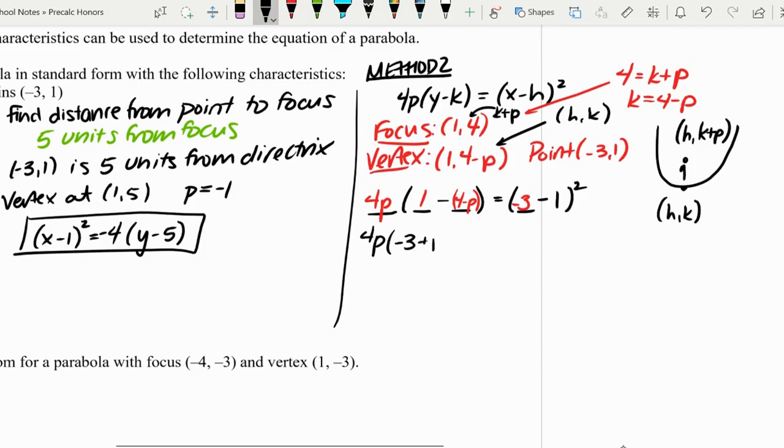And then this will be a positive p once we distribute that negative. Over here we get -3 minus 1 squared, so that's 16. And then I'm actually going to divide the 4. And, oh my gosh, I'm making all kinds of errors. Square this side over here. So here we'll get p squared minus 3p.